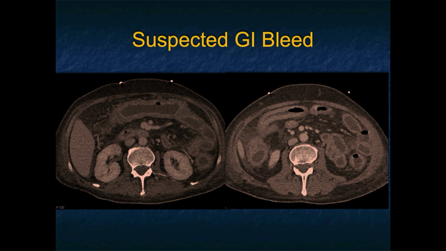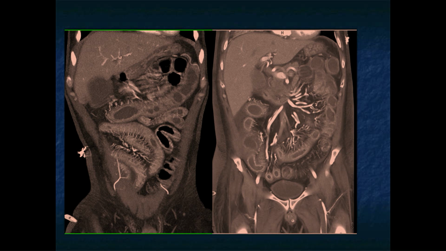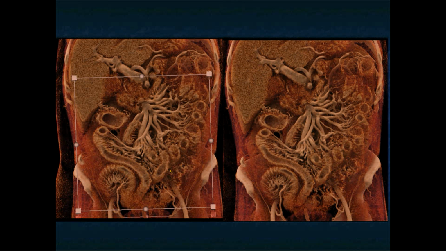Another example: markedly thickened large bowel, markedly thickened multiple small bowel loops, really impressive enhancement, prominence of the vasa recta. Look at the edema. Look at the thickening on the cinematic rendering. Again, what gives you such extensive bowel involvement with vessels all being patent, so it's not an ischemic process?